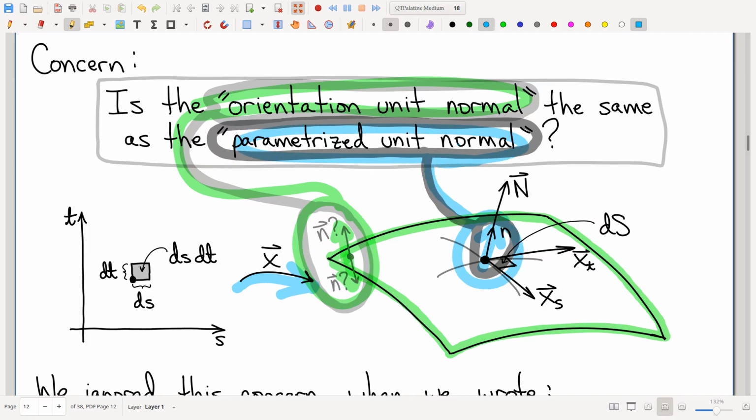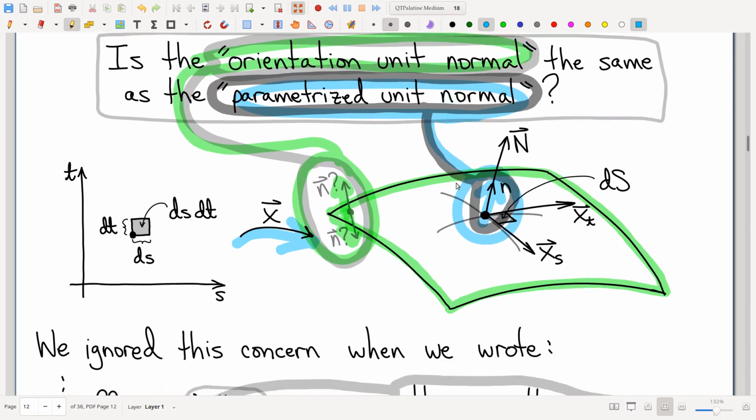And it is a coin flip as to whether you parameterized the right way or the wrong way, depending on what the orientation of the surface is. Did everybody see the problem? Not that different, really, from what we saw with vector line integrals, where there are two ways to parameterize, and you just have to make sure to parameterize in the correct direction.